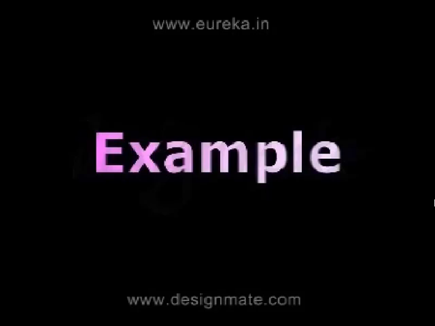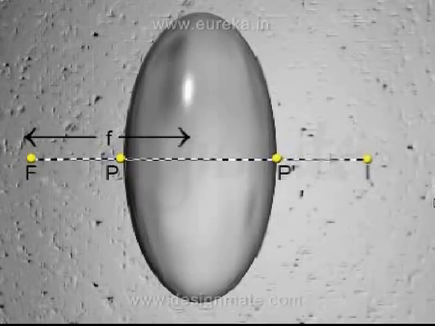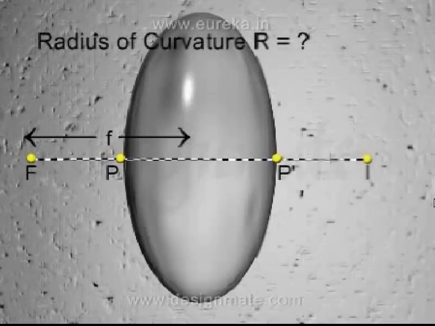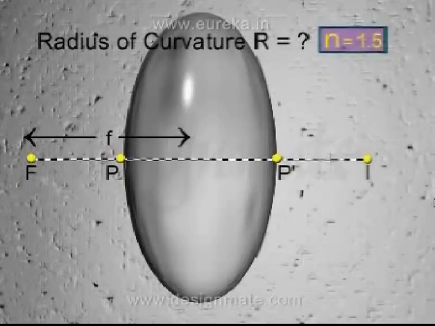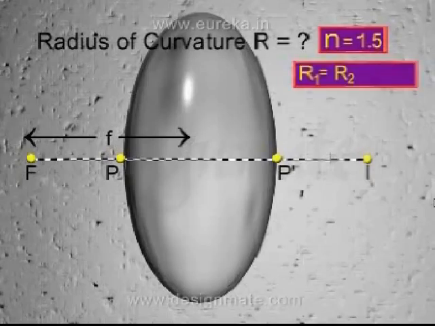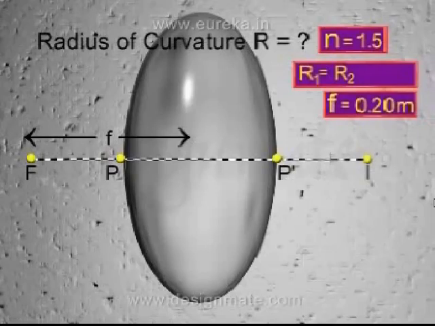Example: what should be the value of the radius of curvature to prepare a convex lens from the material of refractive index 1.5, having equal radii of curvature and focal length of 0.20 meters. Here, n is equal to 1.5, f is equal to 0.20 meters, R1 is equal to R2 is equal to R is equal to?